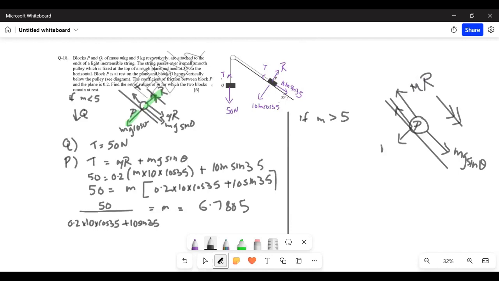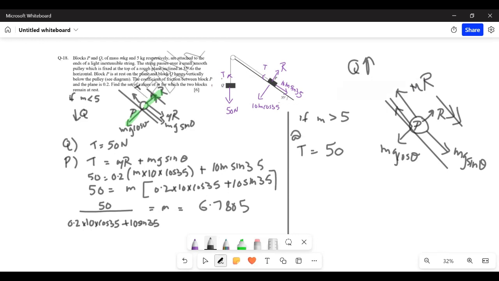And we still have the cos component of weight here, and we still have the normal contact force, right? Okay. So the force at Q is going to stay the same, although now Q will be going upwards. So the upward force T is equal to the downward force 50. So it's still 50 equals T because the object is at rest.